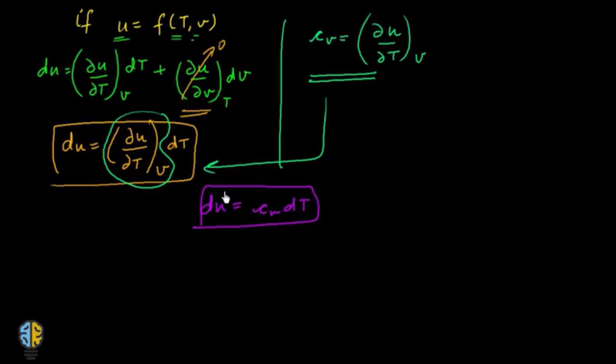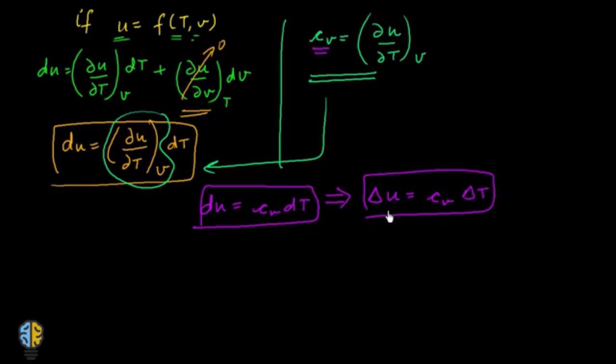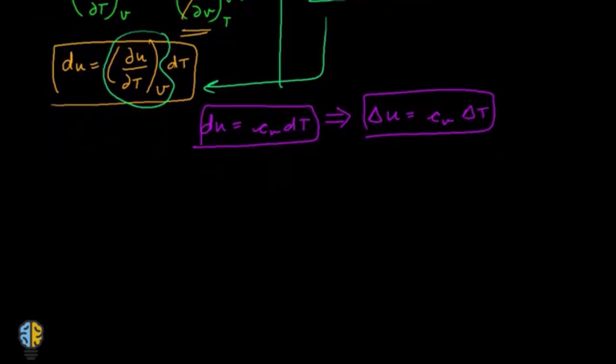Now Cv is constant only for an ideal gas. So I can also write it as ΔU is equal to Cv into ΔT in terms of differential notation. Now let's talk about the enthalpy. We know that enthalpy is equal to U plus PV.